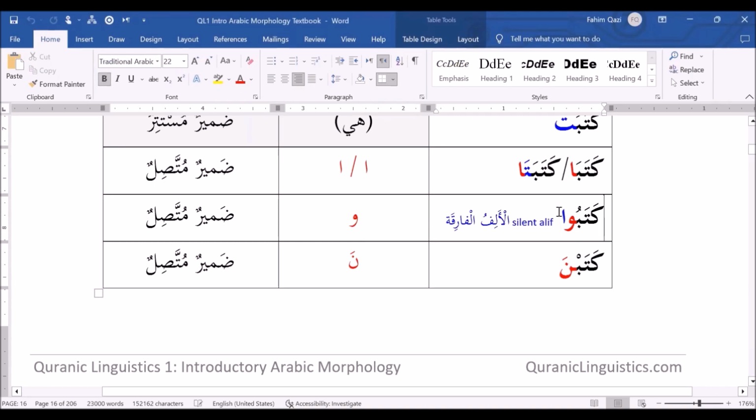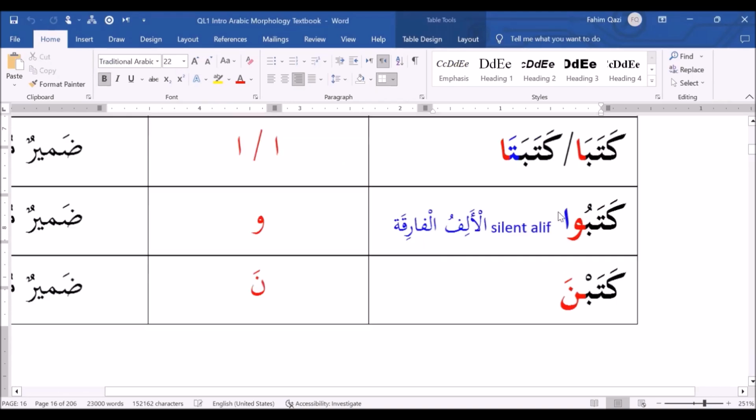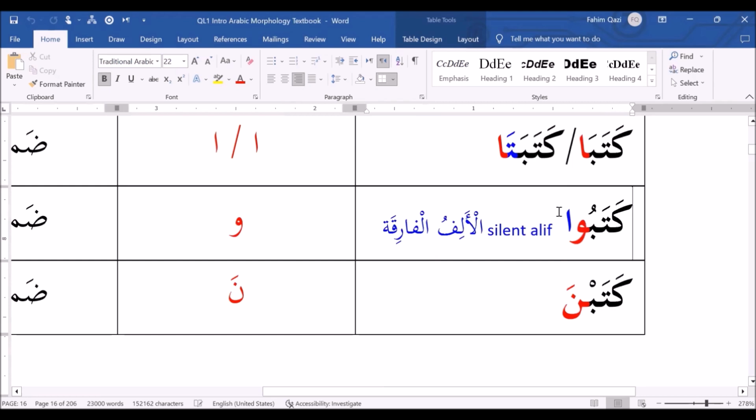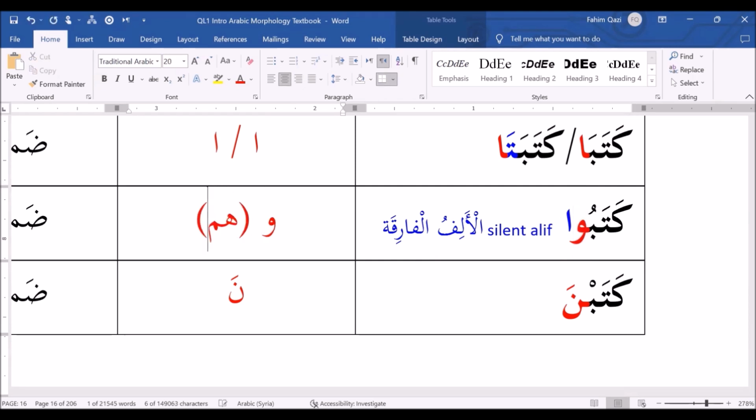The next one is katabu. You can see three colors. Of course, the black is for the verb, past verb, al-fi'l al-madi. You have the red wow, which is the connected doer pronoun, and the wow is equivalent in meaning to whom.